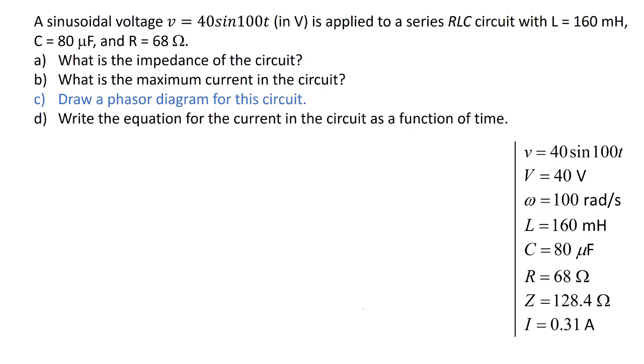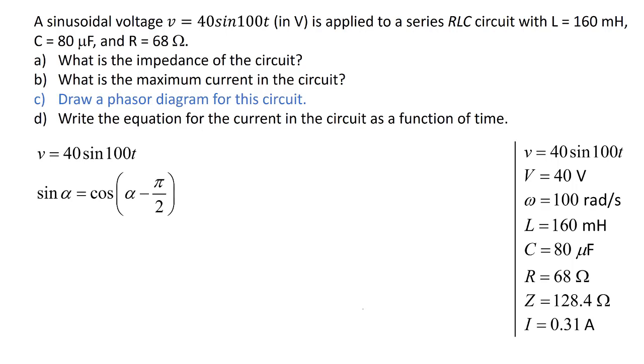In part C of the problem, we are asked to draw a Phasor diagram for this circuit. Now, I would like to remind you that whenever we drew a Phasor diagram, the phasors were written as a function of cosine, not sine. Therefore, we are going to convert the equation for the voltage from a sine function to a cosine function.